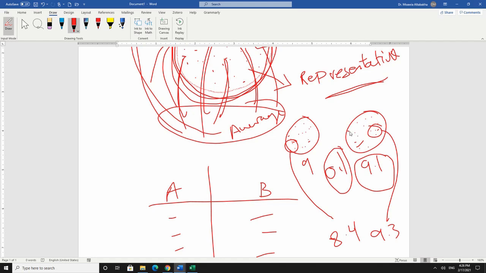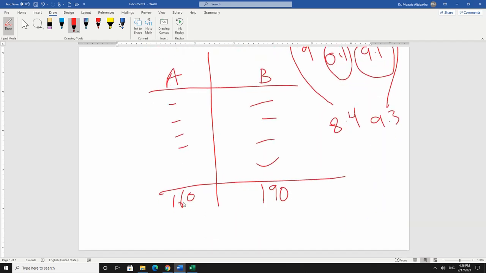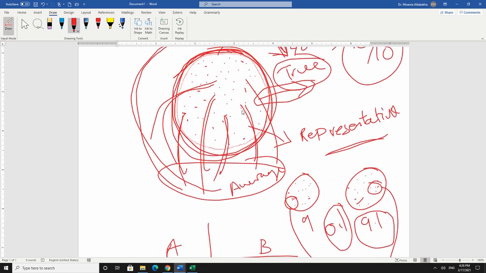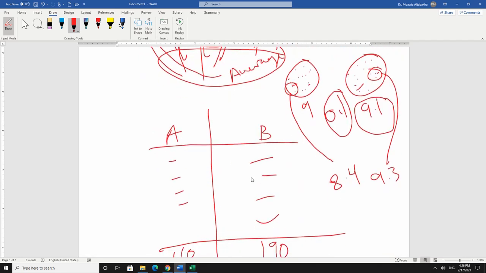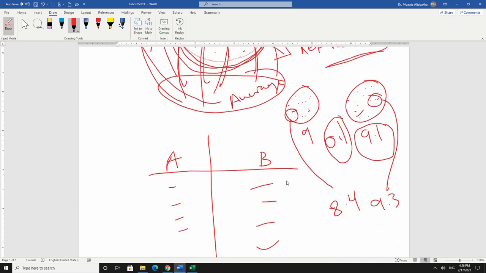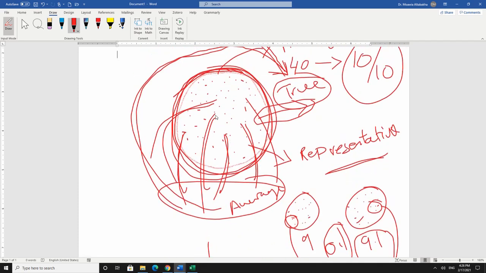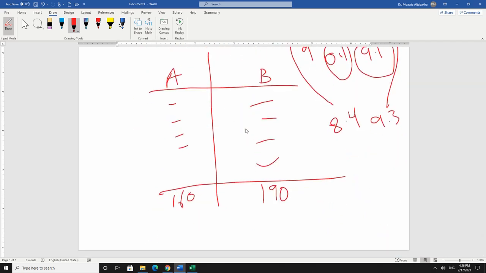That's what you need to understand. That's why if I'm testing cholesterol level for groups A and B, and I get 160 here and 190 here, I cannot say that in the whole population A is doing better than B because cholesterol level in A is less, because I'm taking a sample.